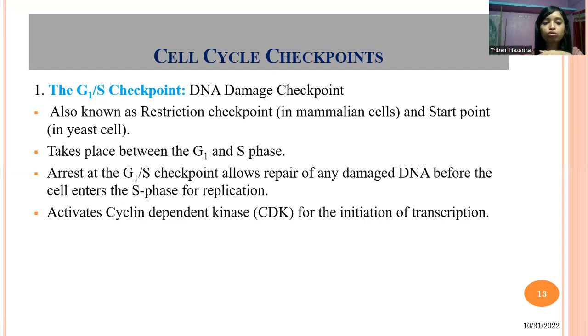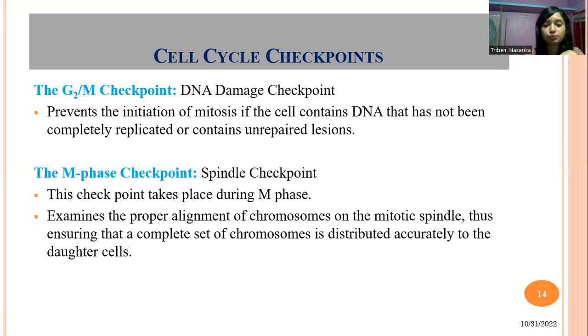So it is going to check for damaged DNA. So the G1 checkpoint is also called the DNA damage checkpoint. And this G1 checkpoint also activates the cyclin-dependent kinase enzyme, which is responsible for the initiation of transcription.